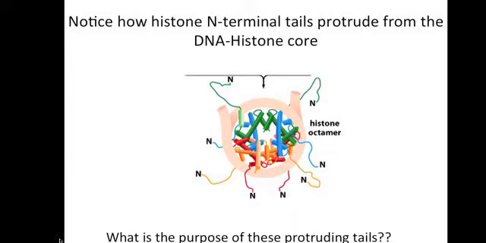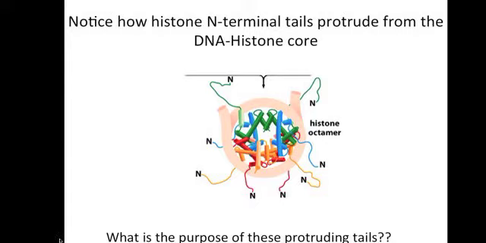Notice how the histone N-terminal tails protrude from the DNA-histone core. Has everyone noticed that? The tails sticking out? See these things? All sticking out? Why is this? What is the purpose of these protruding tails? Yes? Okay, so to attach different proteins, and that's one thing, yes, but what else happens on these tails?